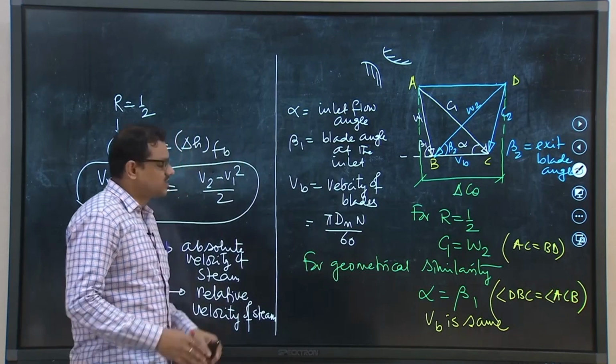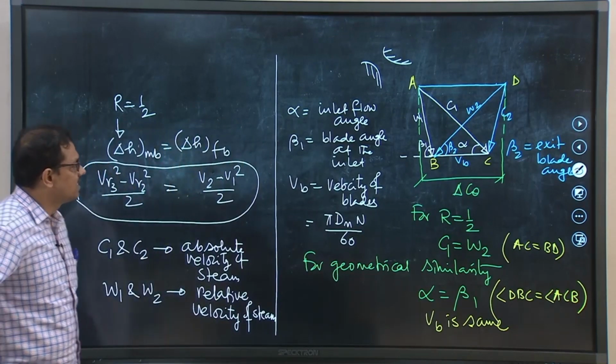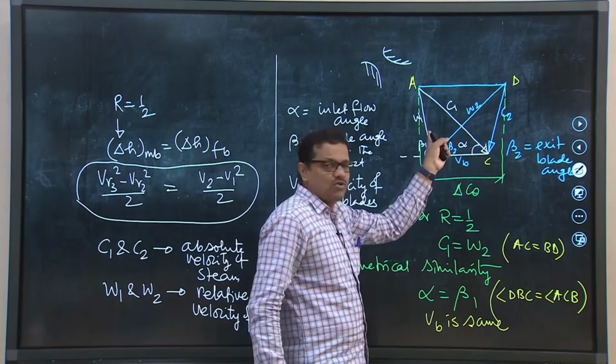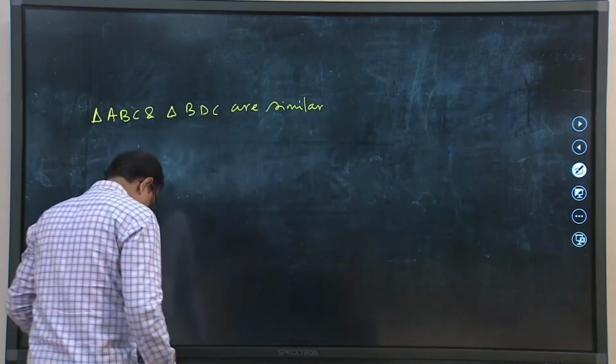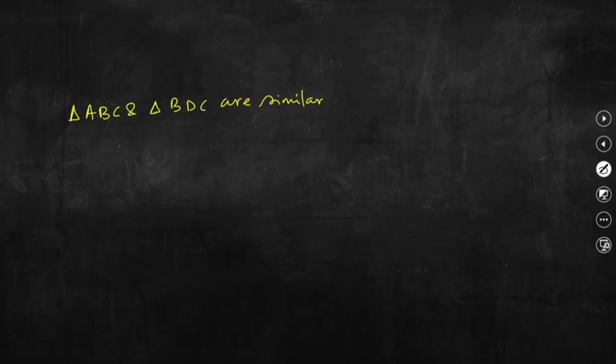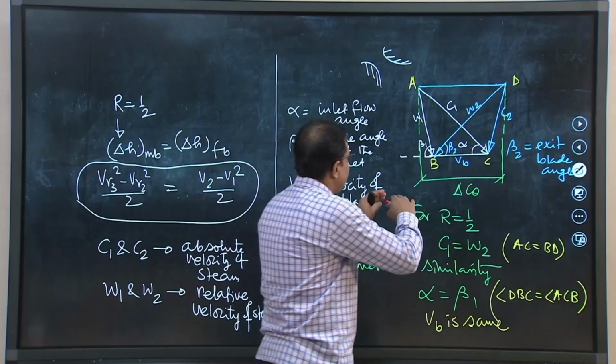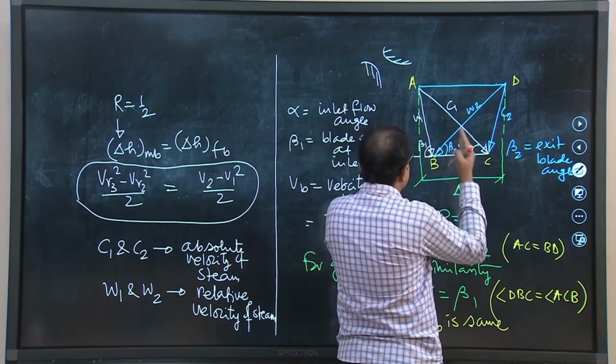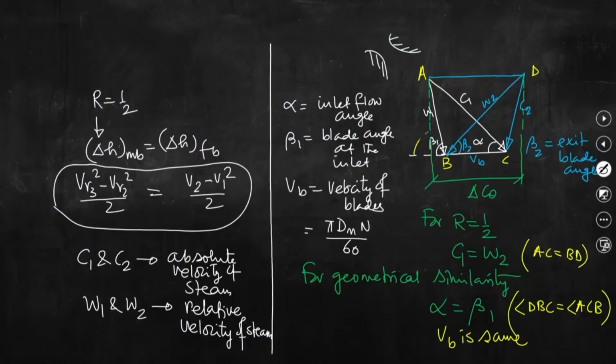If these two triangles are similar, then we can write that C2 would be equal to W1. We say that all angles are measured in the clockwise direction, and say this is the angle gamma and this is the angle delta.